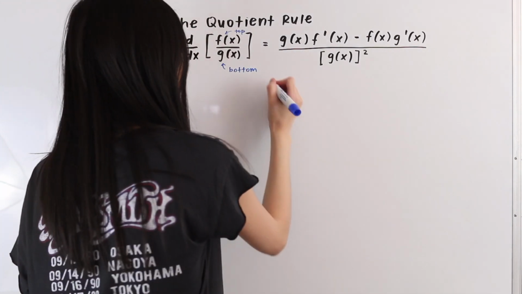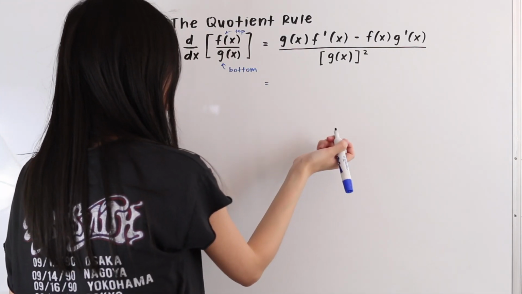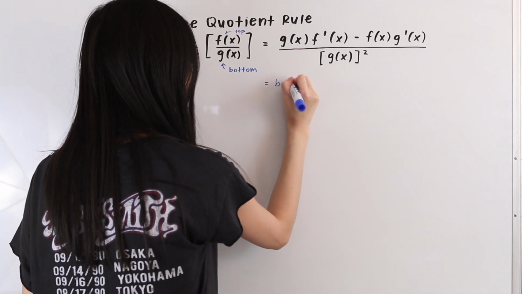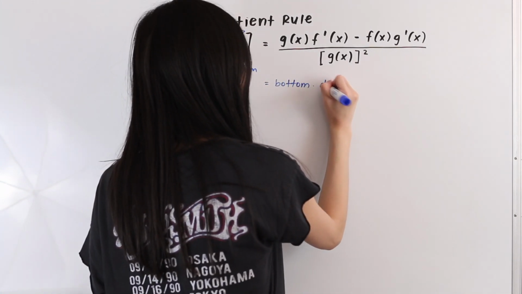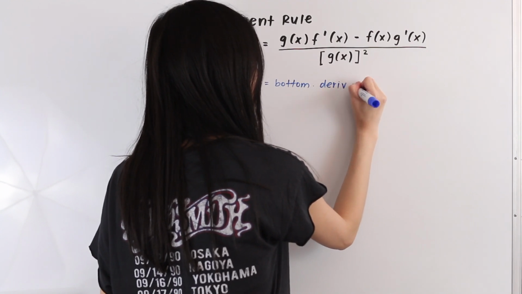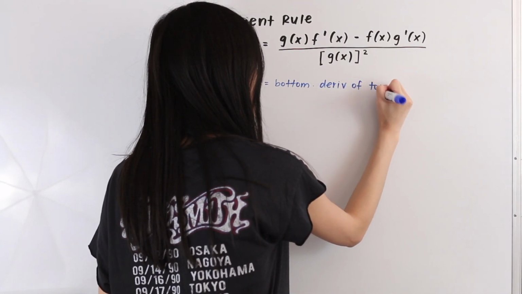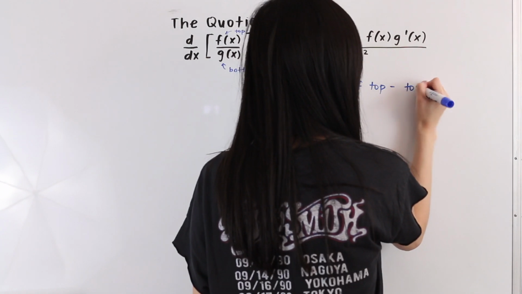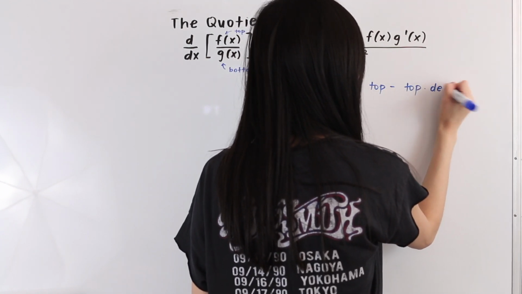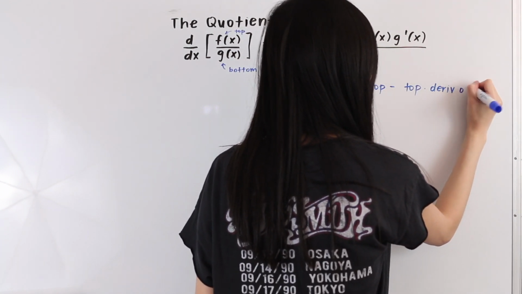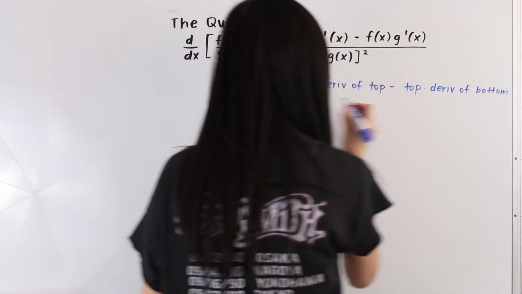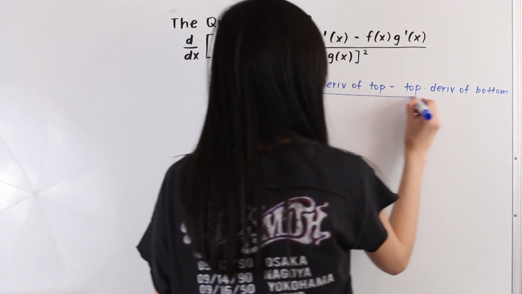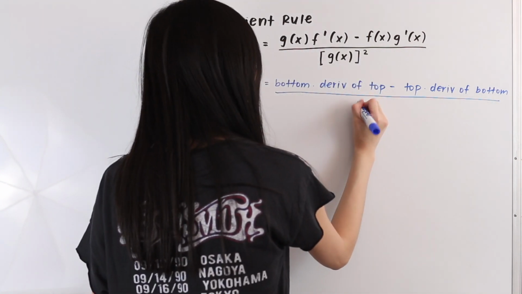And so the right-hand side of this equation just becomes the bottom times the derivative of the top, minus the top times the derivative of the bottom. And this is all over the bottom squared.